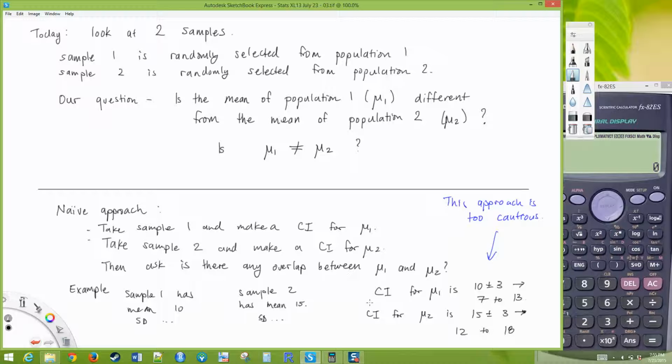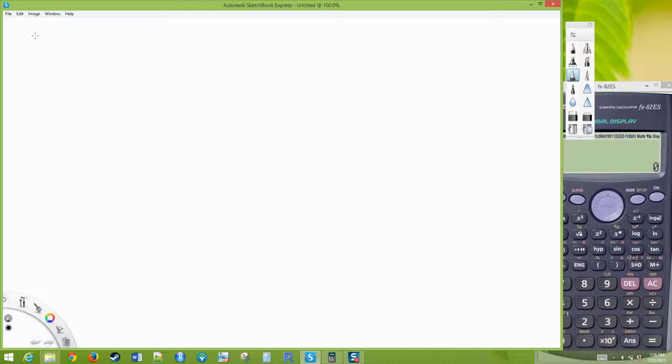Okay, so the approach we want to take is we want to model the difference between mu1 and mu2. Okay, so what we should do is make a confidence interval for the quantity mu1 minus mu2. Okay, and this is the difference between the means of mu1 and mu2.